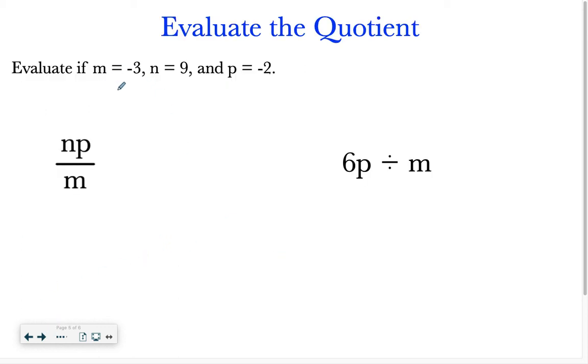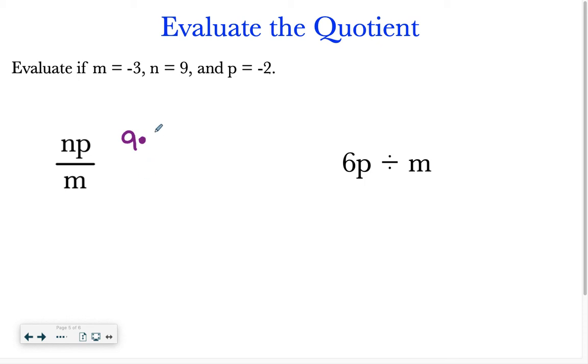Now, evaluate the quotient. So what if m equals -3, n equals 9, and p equals -2? I'm going to rewrite this. So n was 9, and then there's no operation symbol here. There's no adding, subtracting, multiplying, or dividing written out. Whenever there's nothing written out, we assume multiplication.